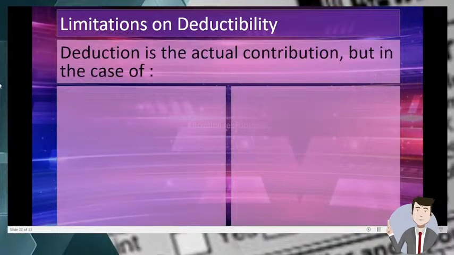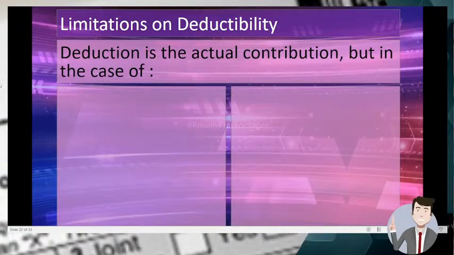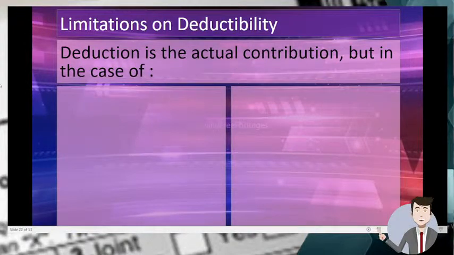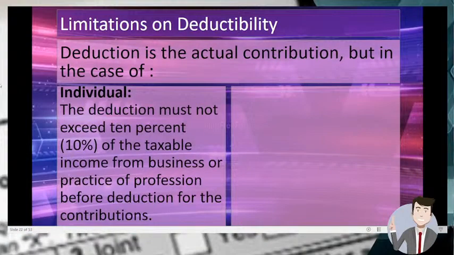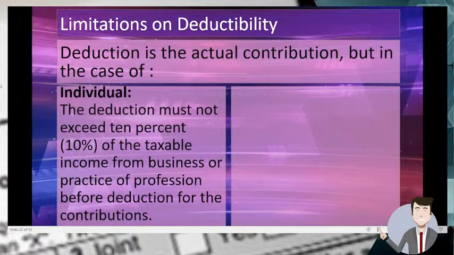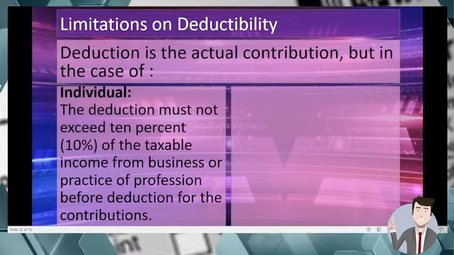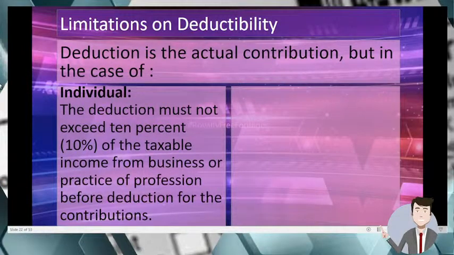Okay, limitations on deductibility for contributions. So, deduction is the actual contribution, but in the case of an individual, this is the limitation we are talking about. So take note, we have two types of contribution. One is contribution deductible in full, and the other one is contribution subject to limitation.